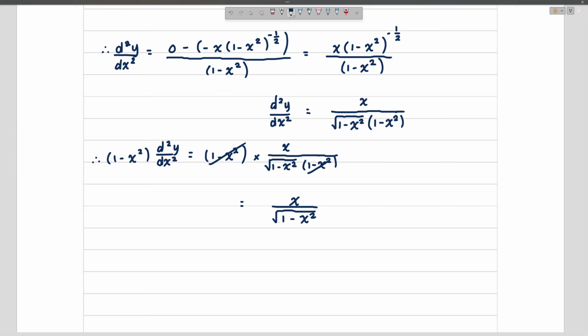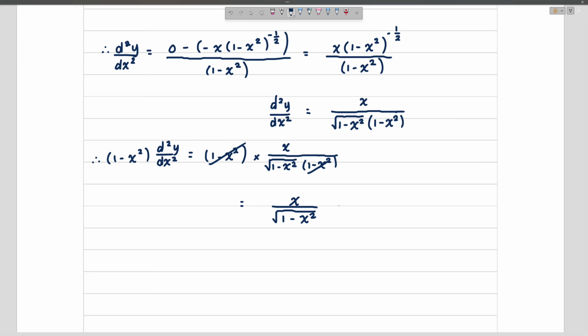And just notice here that this result is very, very similar to what we obtained then in part A, right? In part A, we obtained that dy by dx was equal to 1 over the square root of 1 minus x squared. At this point here, we have x all over the square root of 1 minus x squared.